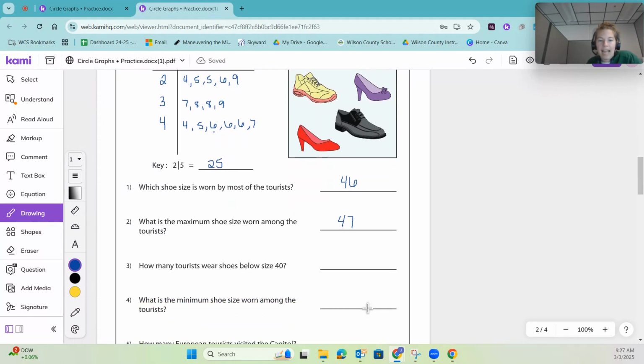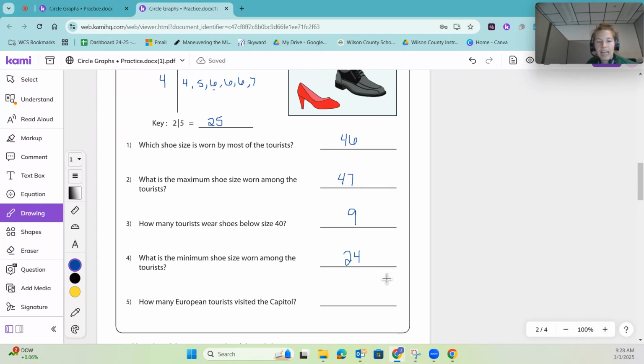How many tourists wore shoes below size 40? So that's your 39 through this 24. And we had 1, 2, 3, 4, 5, 6, 7, 8, 9 tourists wore less than a size 40. The minimum shoe size worn is 24. Again, it's in order, so we're looking at the very first number there.